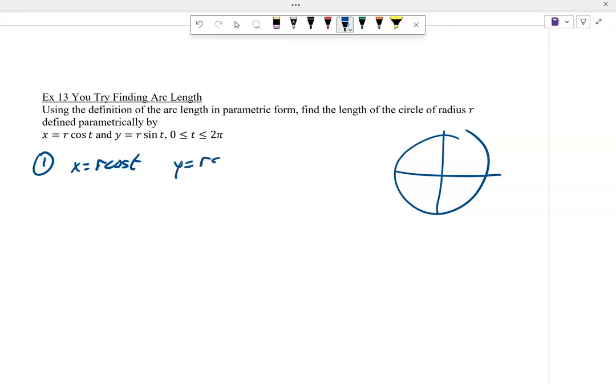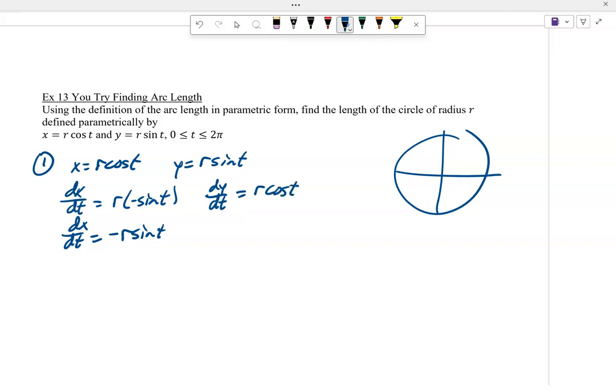Well, dx/dt. r is a constant, right? So the r stays there. I got r times negative sine t. So dx/dt is negative r sine t. Again, remember r is a constant here. Circle of radius r, so we got r cosine t for y.